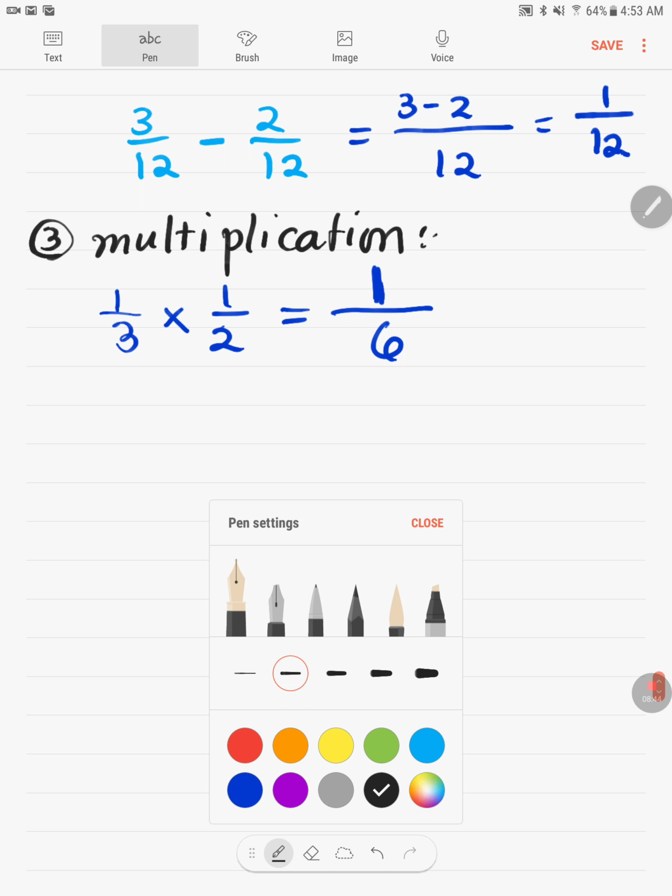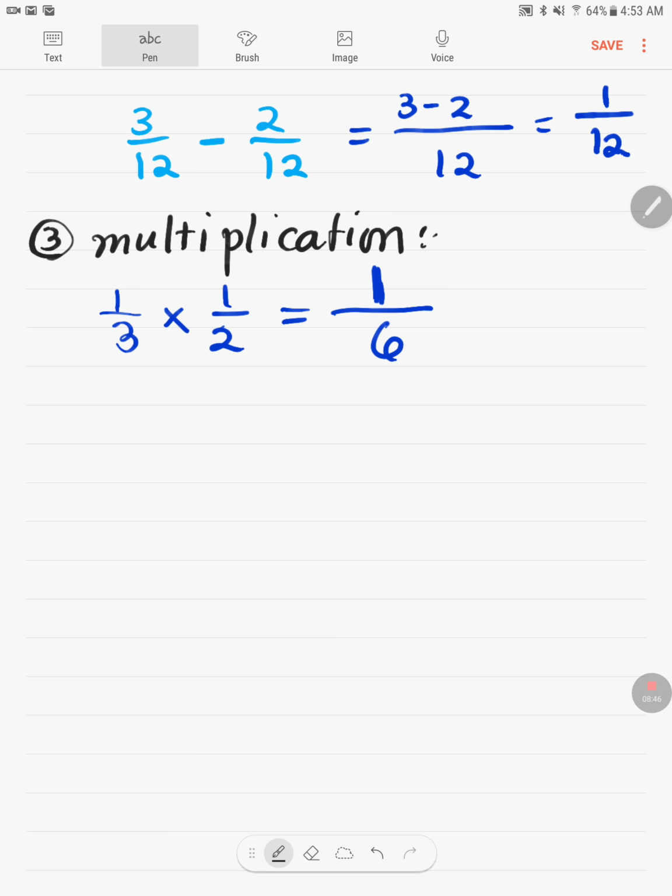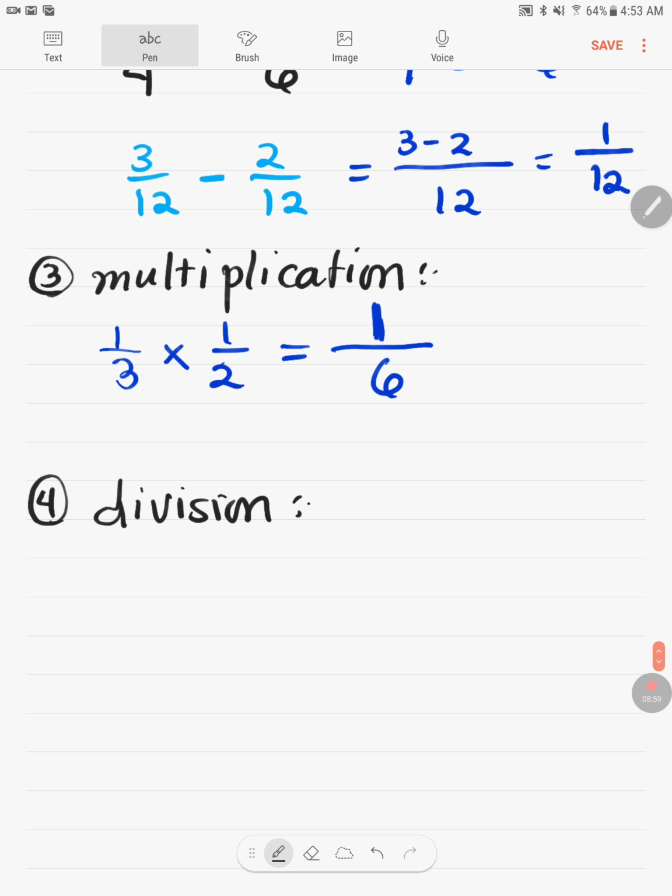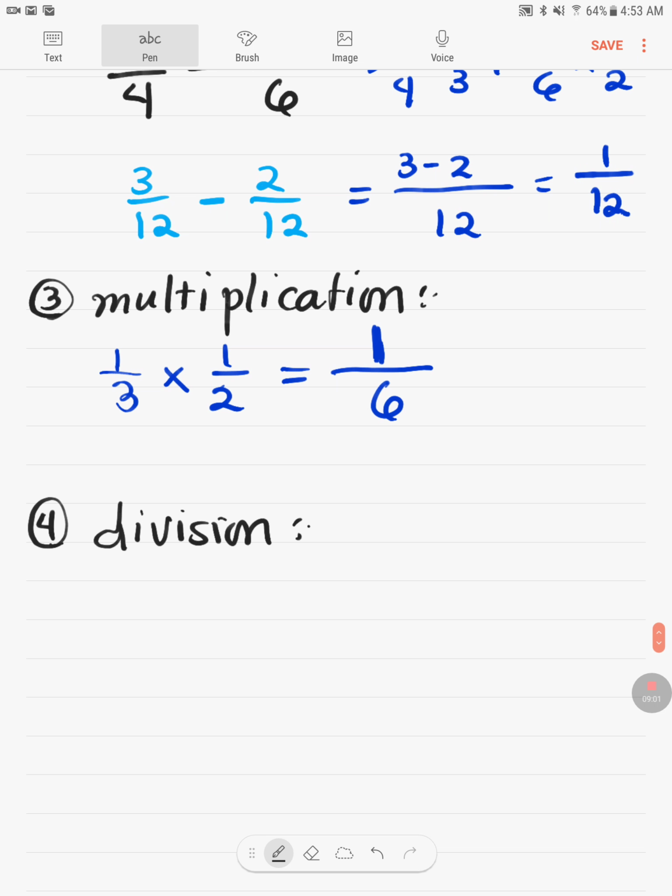Now we go into division. Now, division does basically the opposite action of multiplication.